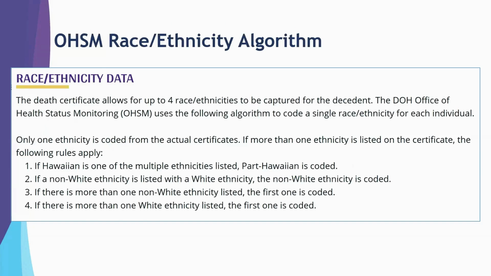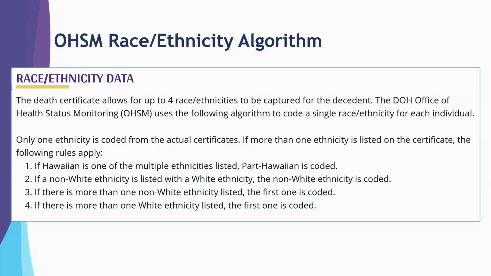This is the Office of Health Status Monitoring race ethnicity algorithm. The death certificate allows up to 4 race ethnicities to be captured. But in order to code each person to a single race ethnicity, there needs to be a set of rules in place. And this is what is used in Hawaii. In the case where more than one race ethnicity is listed, essentially if any of them are Hawaiian, then Hawaiian is coded.